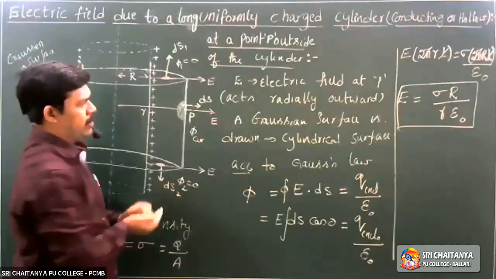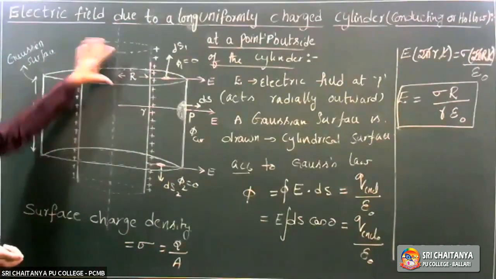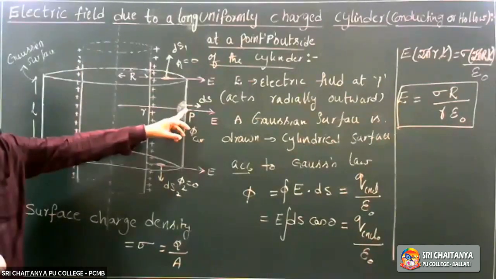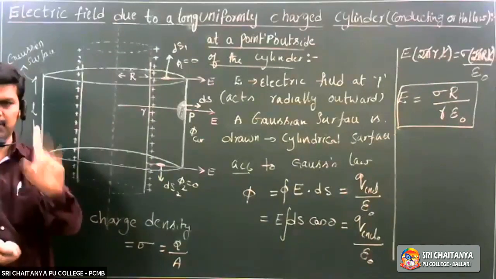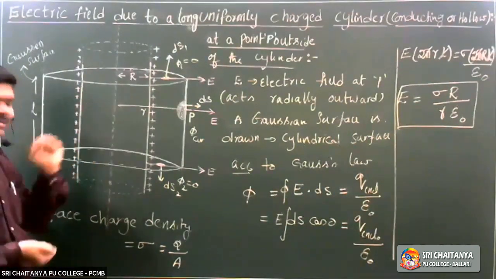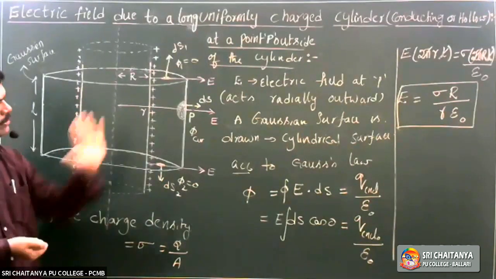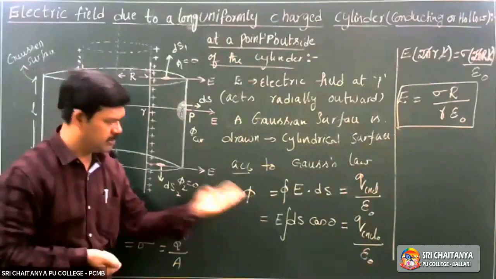So first, what is the procedure? Any body is given. First, at the point P, see what is the direction of the field. First point. Second, draw a Gaussian surface. Second point. Third, find out the flux through that Gaussian surface.